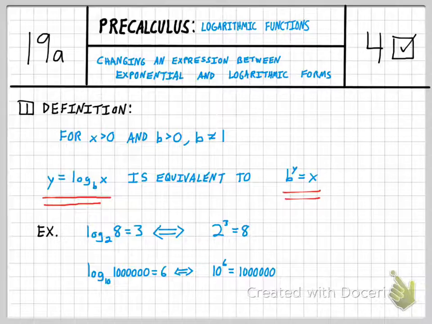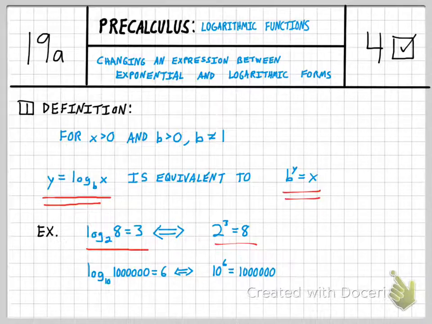Let's look at a couple of examples to illustrate this. The expression log base 2 of 8 equals 3. Your base is 2, the answer to the logarithm is 3, and that means that 2 raised to the third power equals 8. In this case, the thing that you're taking the log of is the answer in your exponential form.